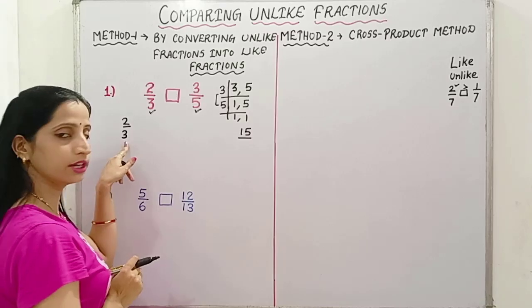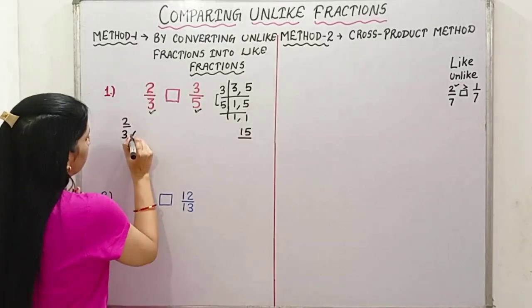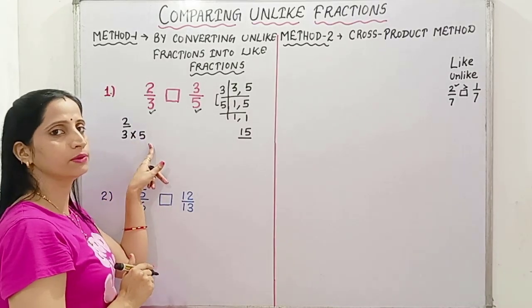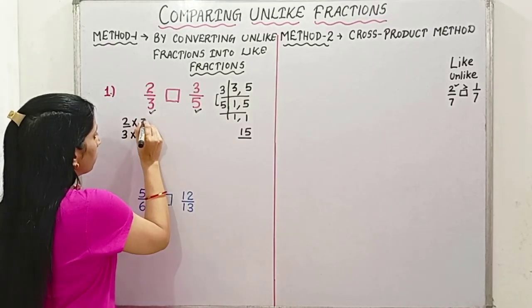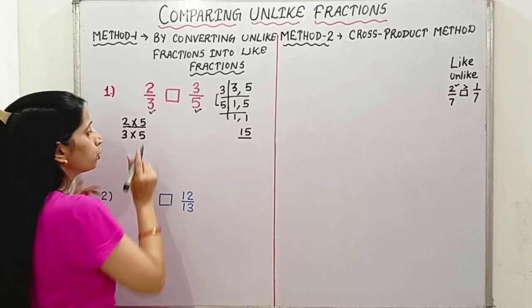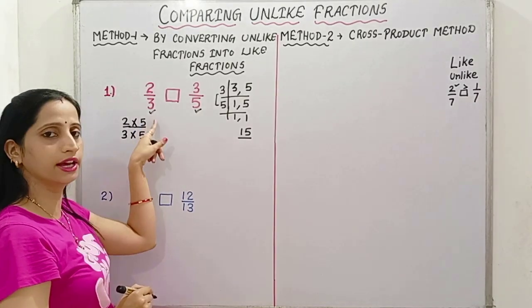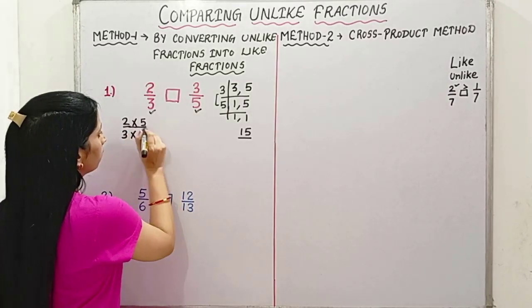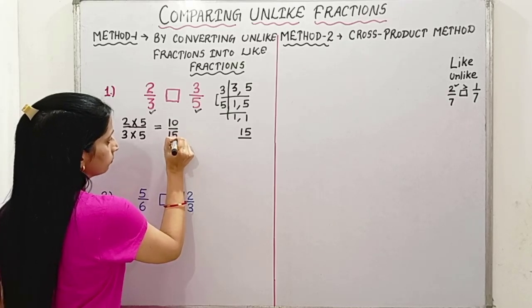To make 3 into 15, we have to multiply 3 by 5. And by the same number you will multiply in the numerator. Always remember, the number by which you multiply the denominator, by the same number you multiply the numerator. Now it will become 10 upon 15.